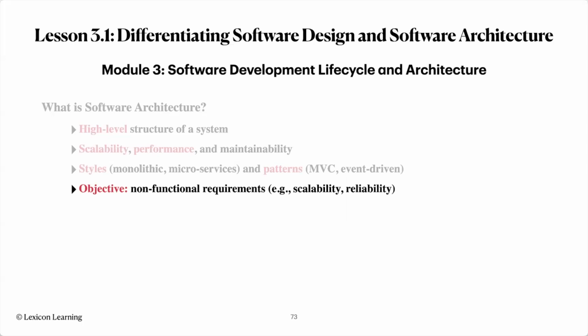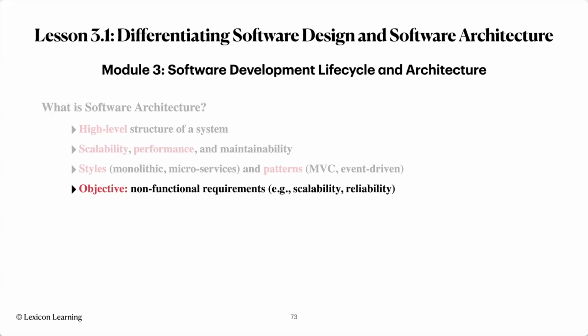The objective of software architecture is to ensure the system meets non-functional requirements such as scalability, reliability, and other quality attributes. The scope of an architecture is system-wide.